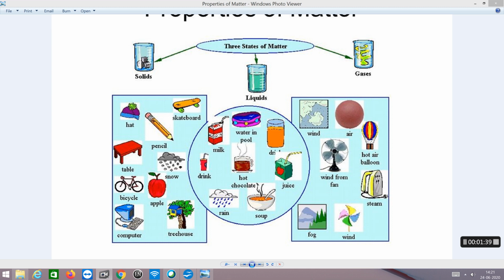See the examples of solid: board, pencil, snow, apple, tree, etc. Then liquids: water, milk, hot chocolate, juice, soup, etc. And gases: wind, air, then carbon dioxide, etc.